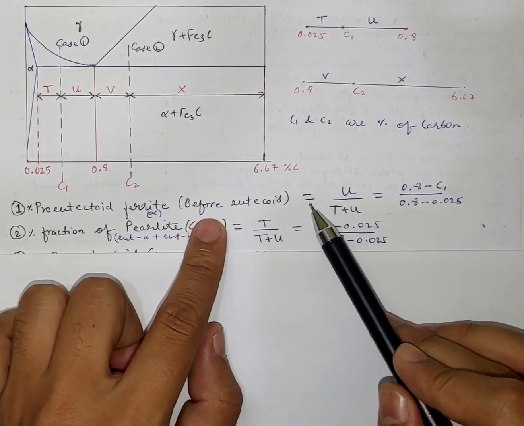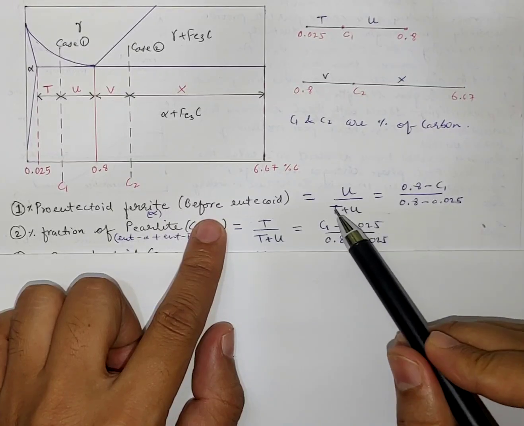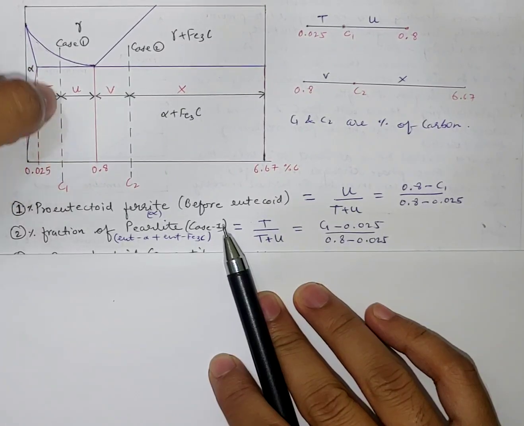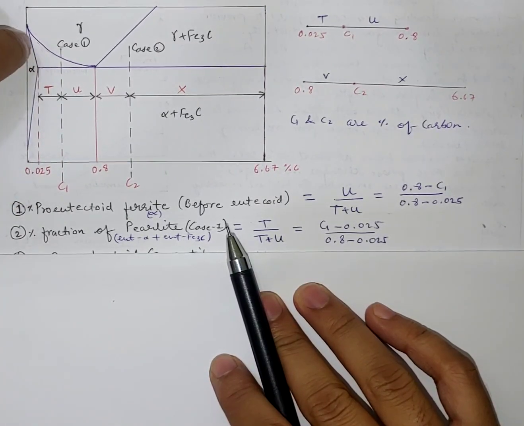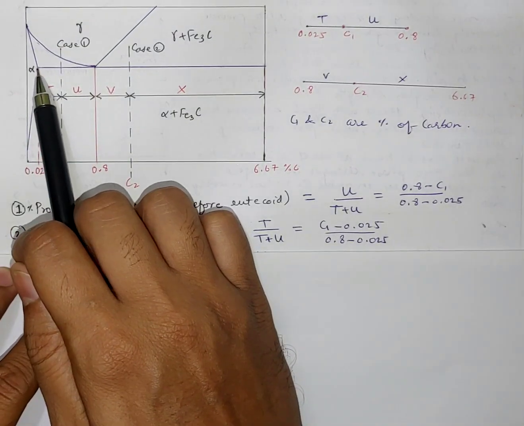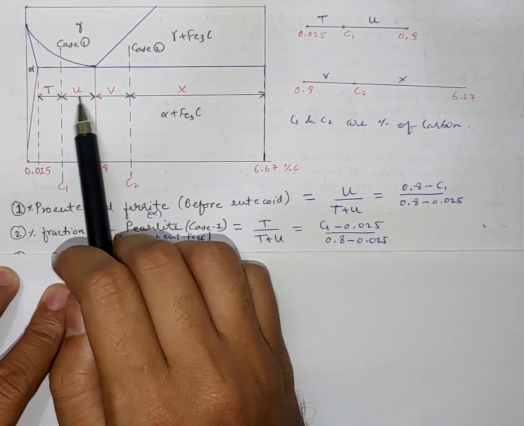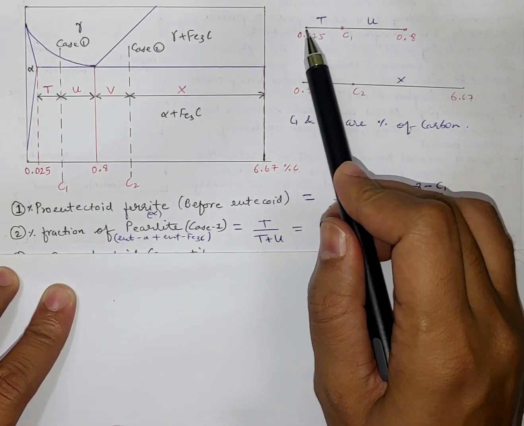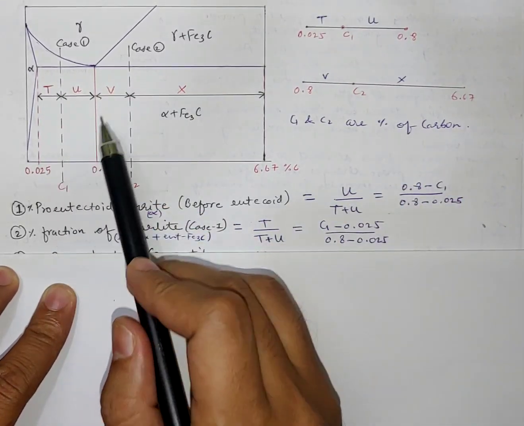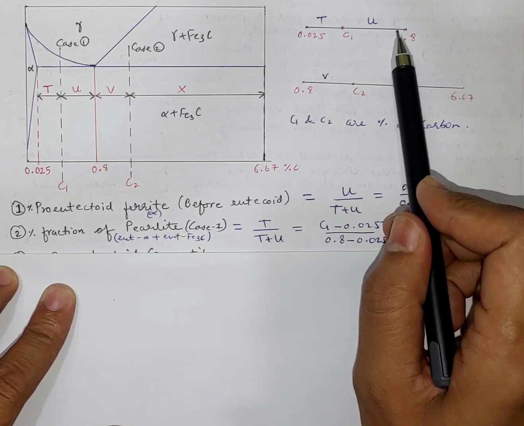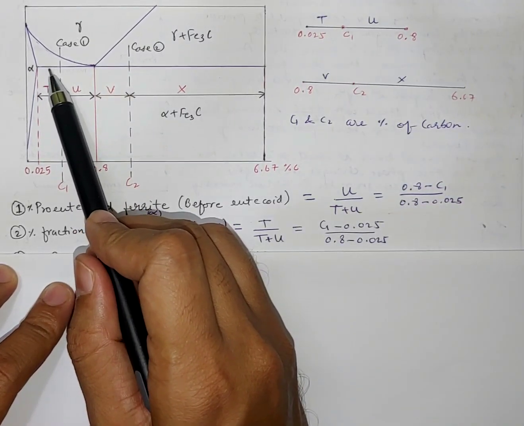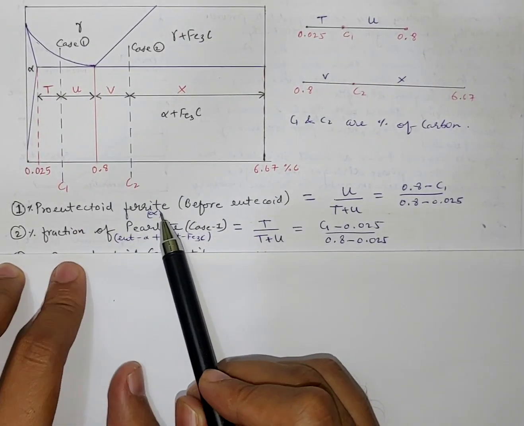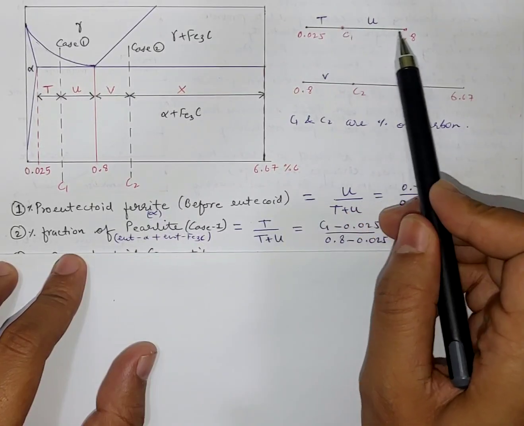Now simply it is U upon T plus U. How it comes is, the closer C1 is to the alpha ferrite line, the more alpha ferrite there will be, right? So the U length will be bigger. If this point is closer to 0.025, then the U length will be bigger, which means alpha ferrite will be more. The closer it is, the more proeutectoid alpha ferrite there will be. That's why we have to consider U.